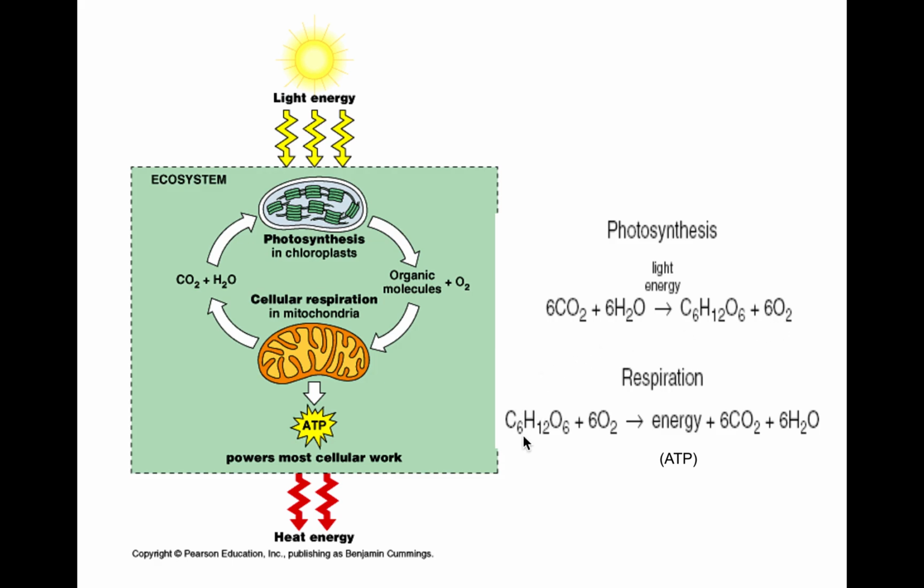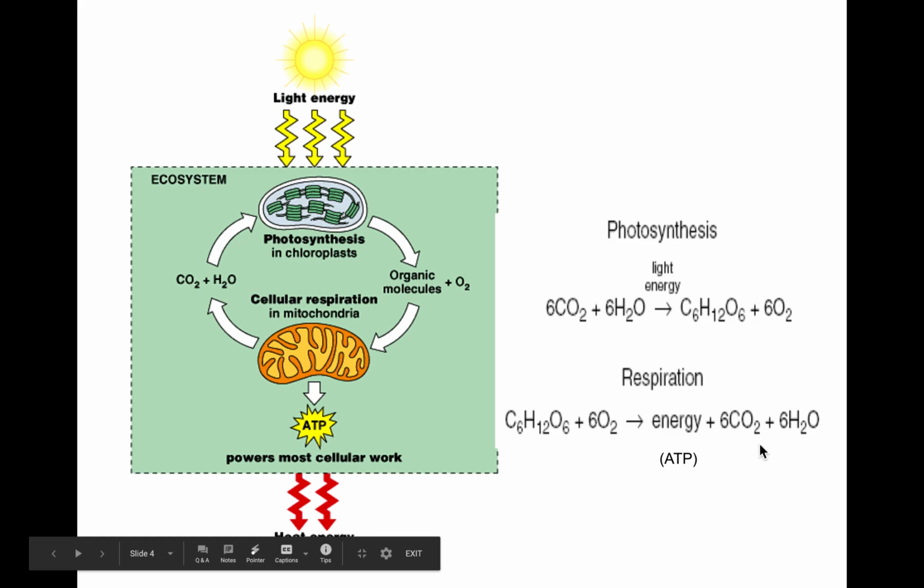So for cellular respiration, the beginning substrates, or reactants, would be sugar plus oxygen. So we eat something, we breathe in oxygen, and our body starts doing cellular respiration. And that produces ATP, or energy. And then our waste products are carbon dioxide and water, which thankfully plants need.